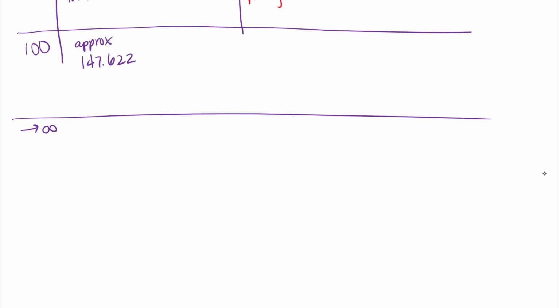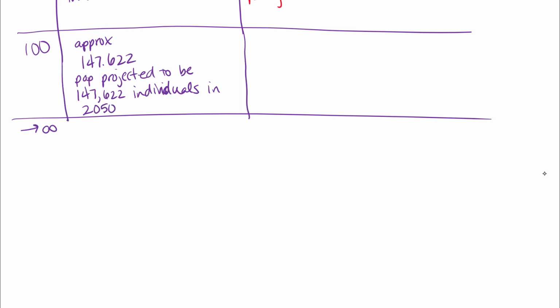So what that would mean is that the population is projected to be, this is in the future, 147,622 individuals when t equals 100, or 100 years after 1950, or in the year 2050. All right, p prime of t, when I plug in t equals 100, we're going to get approximately 0.140. All right, so interpreting that again is a rate of change.